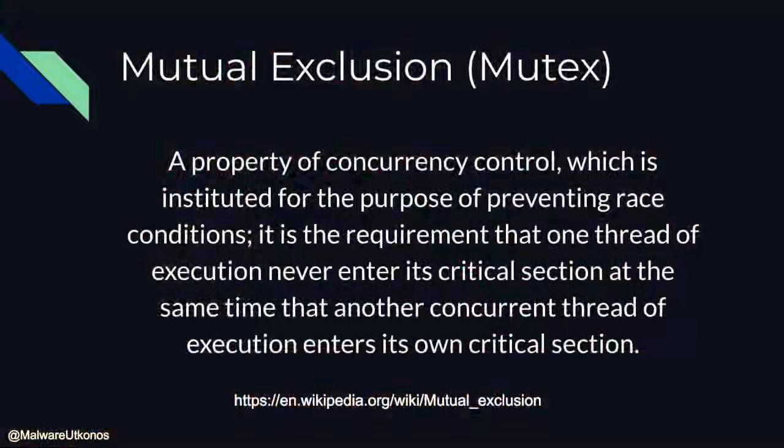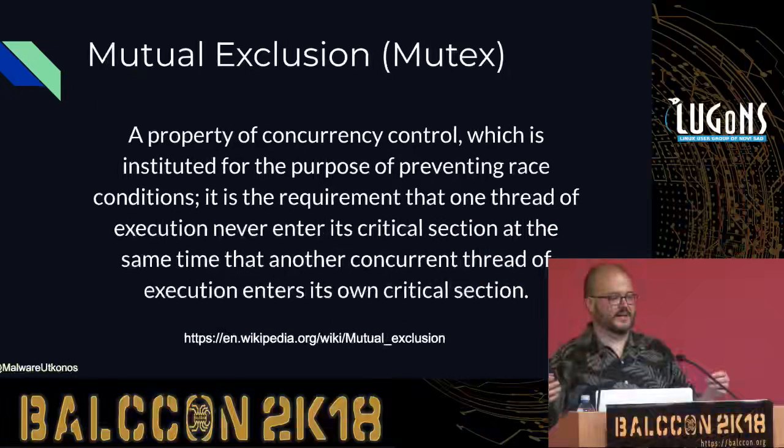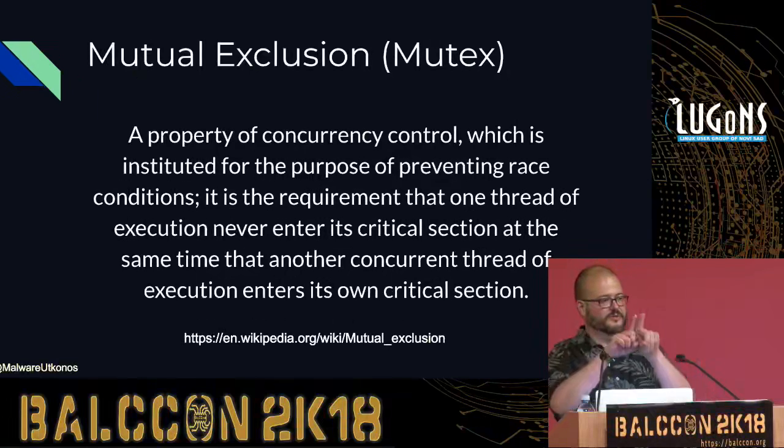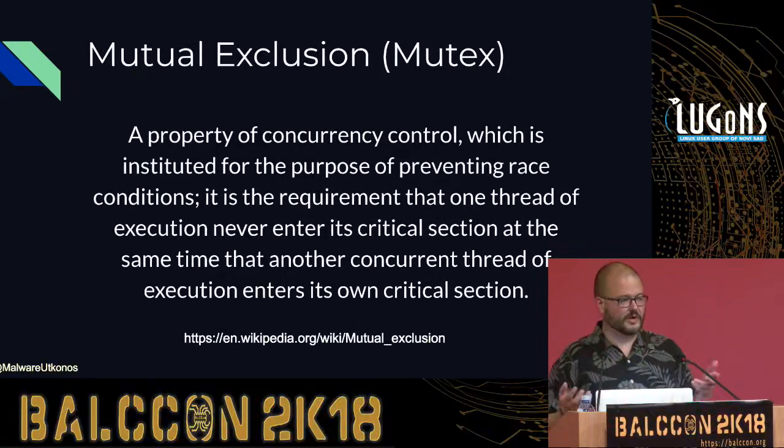So you have mutexes, so a mutual exclusion. Most computers now have concurrency, and so you can run different threads, or you can run things on different processors. Because of that, a program needs to have a mutual exclusion so that two of them don't run at the same time. Therefore, malware also needs to have a mutual exclusion, or a mutex.